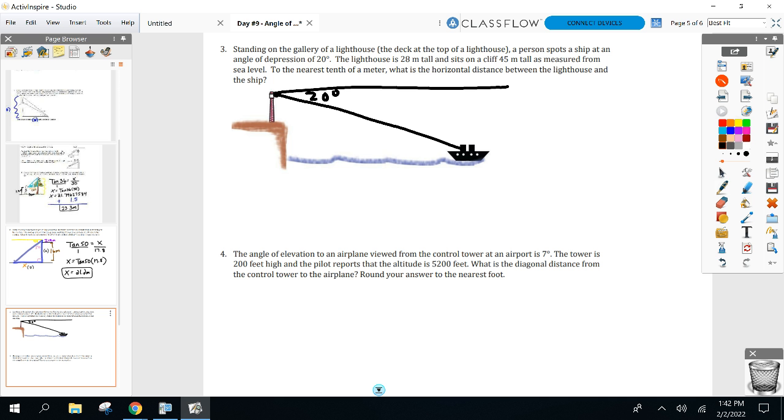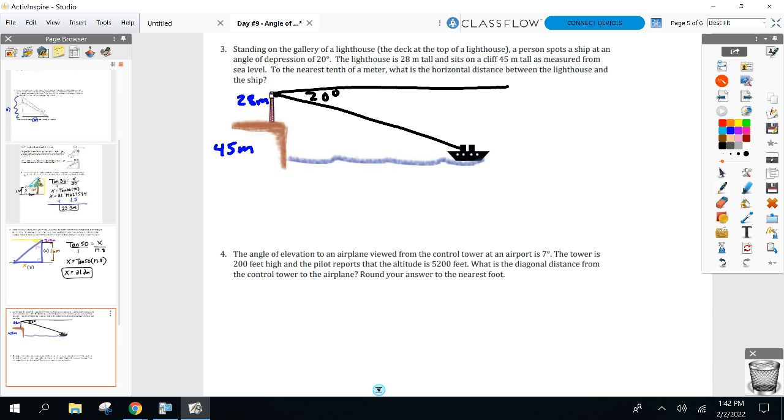All right, let's fill in the other parts. The lighthouse is 28 meters tall. And it sits on a cliff 45 meters from sea level. So the cliff is 45 meters. And here's the key that you read it carefully.